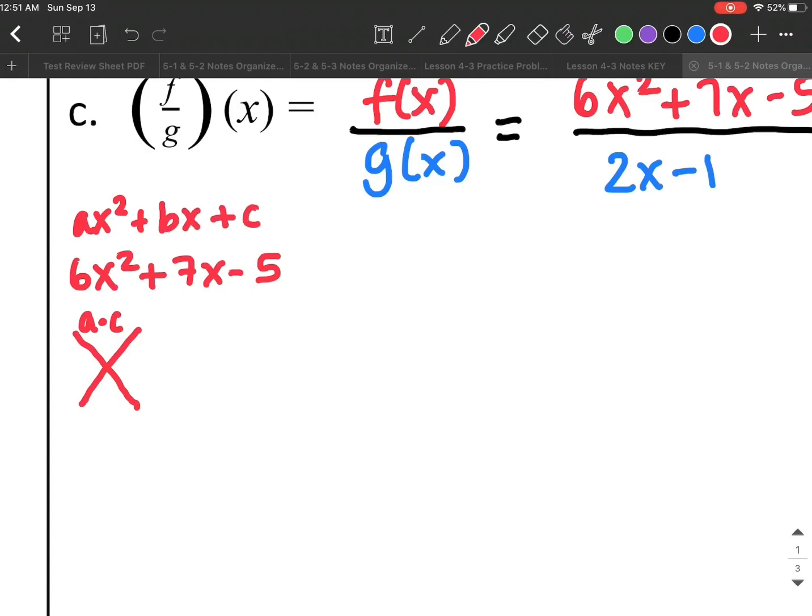So I want them to multiply to a times c, and I want the two numbers to add up to b. For this example, a times c would be 6 times negative 5, which is negative 30. And then I want the two numbers to add to 7. Two numbers that multiply to negative 30 and add up to 7 are positive 10 and negative 3.